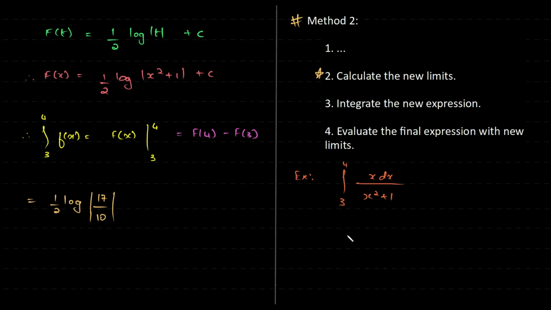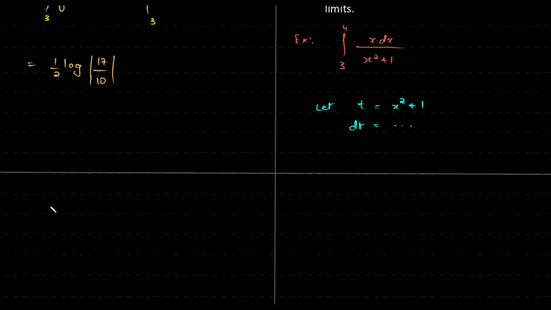Same set of calculation, but here when we say let t be equal to x squared plus 1, we calculate dt along the same lines. We'll say for x is equal to 3, t is equal to 10.